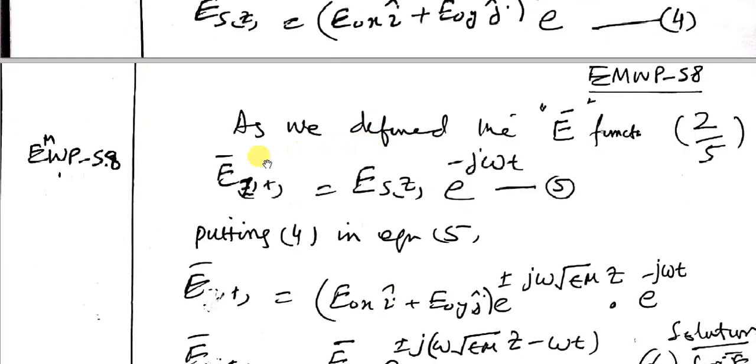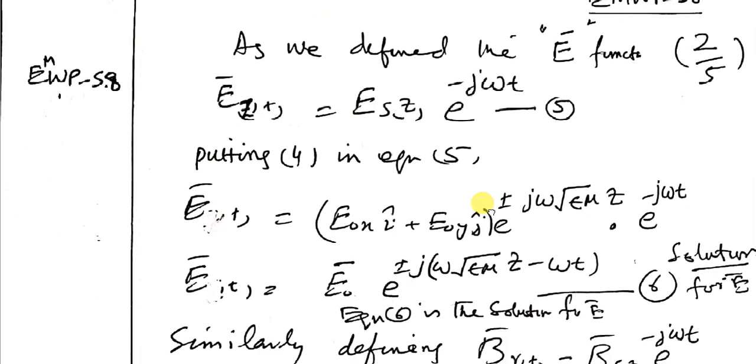Since E is actually a space-time dependent function, we have E of z and time as well. If we include the time, it is e raised to the power minus j omega t, where j is obviously the complex part, the square root of minus 1.